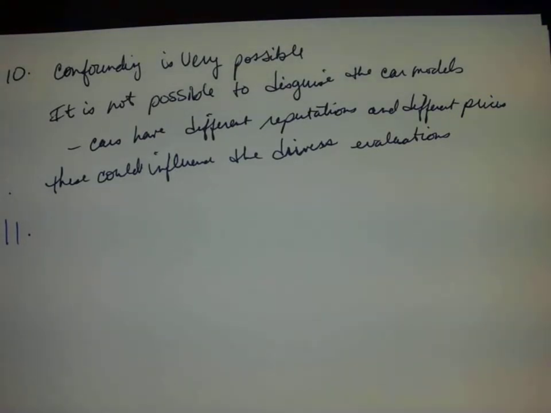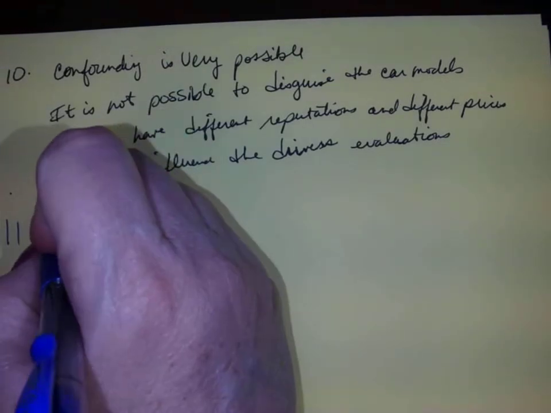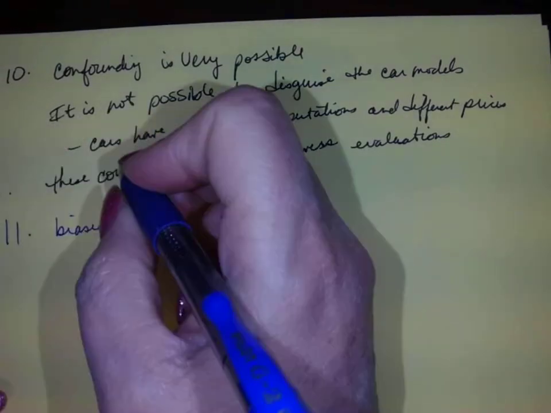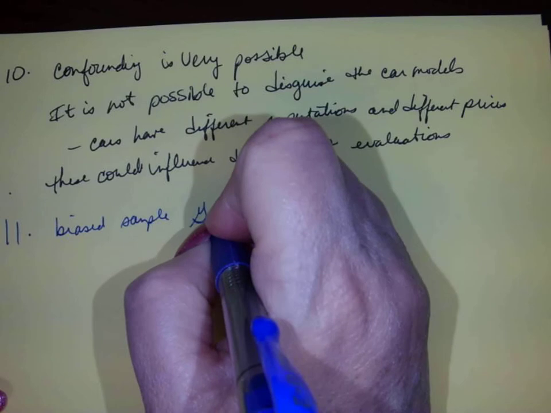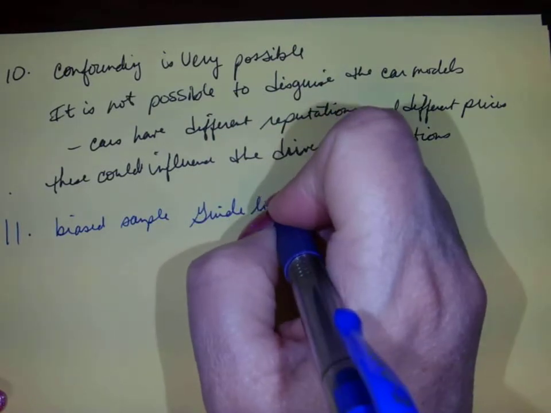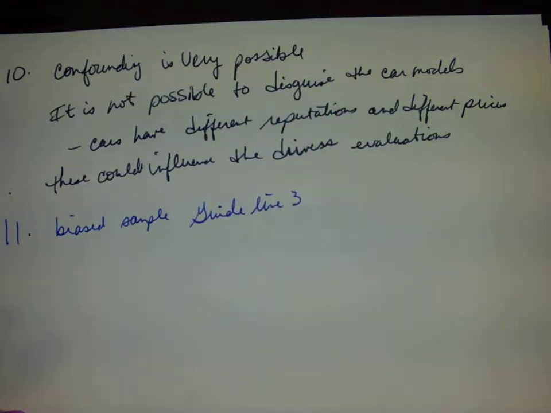I know there's some that are non-traditional students, but typically in a college, you're going to have the younger crowd, right? So we have to become aware of that. So it's not representative of the whole thing. So it's going to be a biased sample. So this is going to be guideline 3 because it doesn't represent the whole thing.